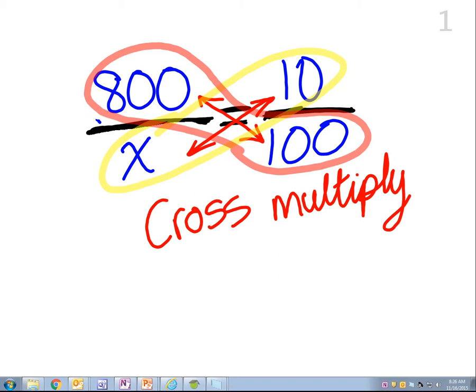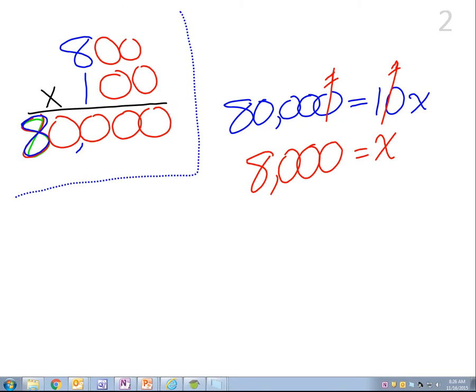Yeah, that's one way to remember as well. No, I multiplied 800 times 100 to get 10x. We're going to do another example. Don't expect that you'll understand on just one.